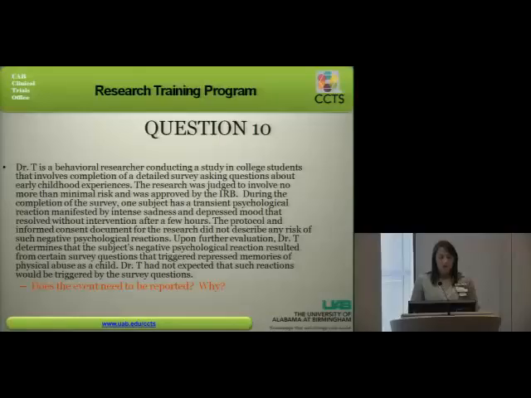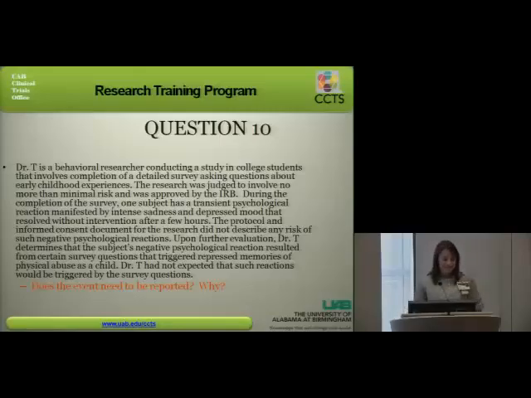The protocol and informed consent document for the research did not describe any risk of such negative psychological reactions. Upon further evaluation, Dr. T determines that the subject's negative psychological reaction resulted from certain survey questions that triggered repressed memories of physical abuse as a child. Dr. T had not expected that such reactions would be triggered by the survey questions. So does this event need to be reported, and why?